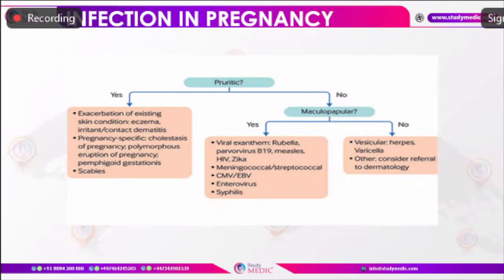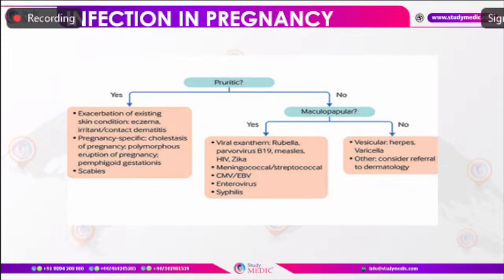So to start off with these infections in pregnancies, when we have a viral infection, first of all, we have to know how we differentiate the different types of infections. Start off with, if an infection has got some pruritus also, then we need to think whether there's an underlying exacerbation of a skin condition like eczema or dermatitis, or is it very specifically related to pregnancy, like cholestasis of pregnancy or polymorphous eruption of pregnancy. If there's no pruritus but just the infection, then we have to look at the rash, whether there is a maculopapular rash.